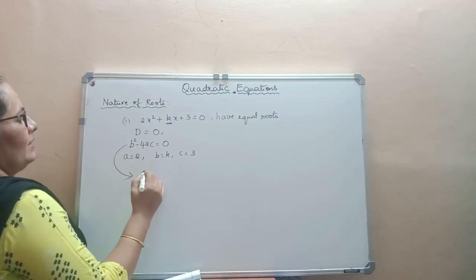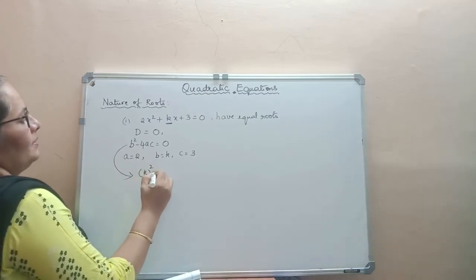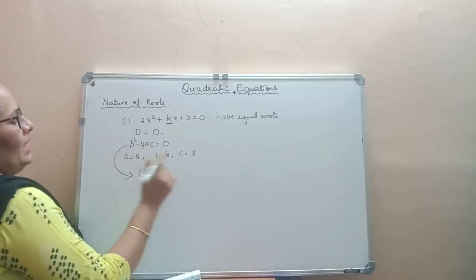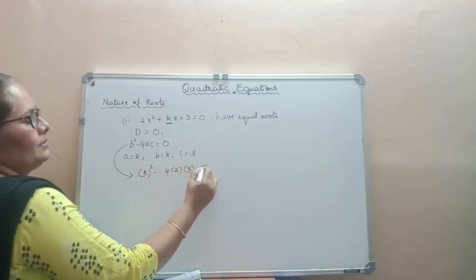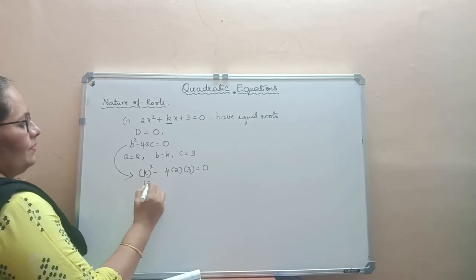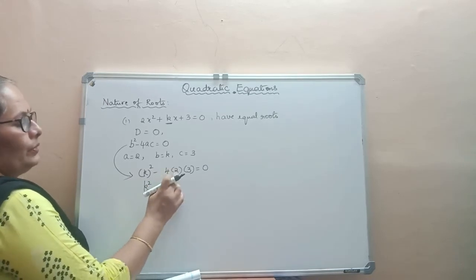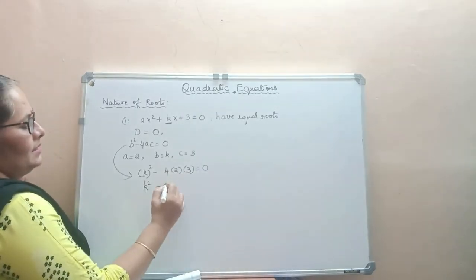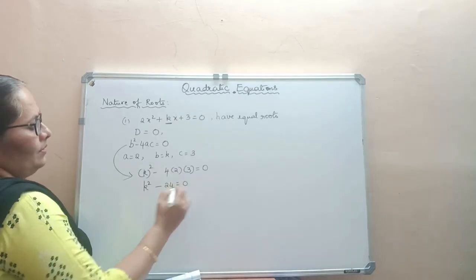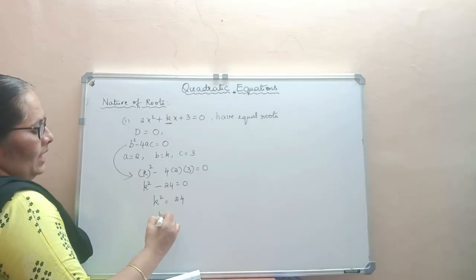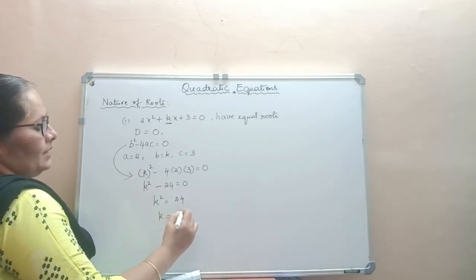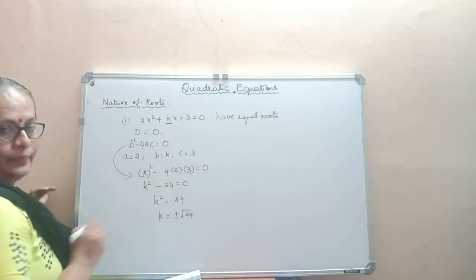So b square, that is k square minus 4ac equals to 0. So k square minus 4, 2s are 8, 8 3s are 24 equals to 0. So k square equals to 24. So k equals to plus or minus root 24.